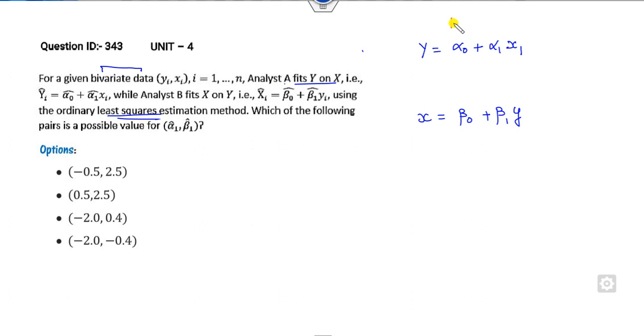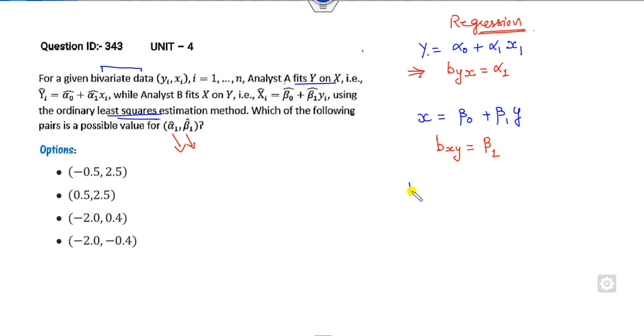The first thing is called the regression equation. Once you know the regression equation, what is the regression coefficient? This is y on x, and the slope of this line is alpha 1. This is the line of x on y, and the slope of this line is beta 1.